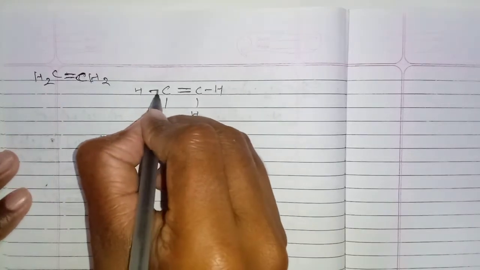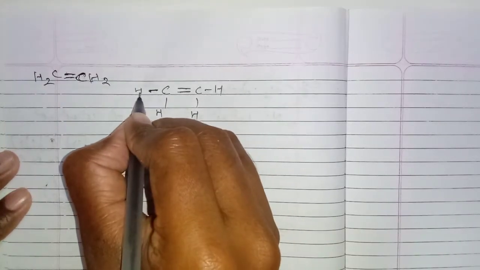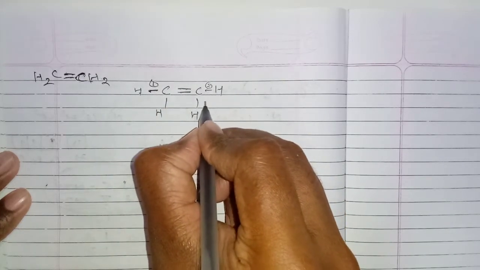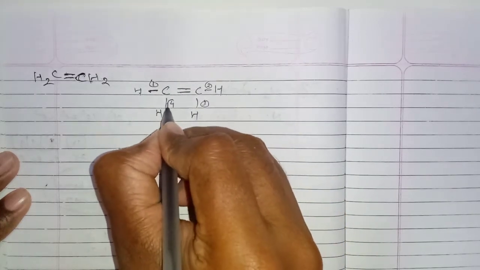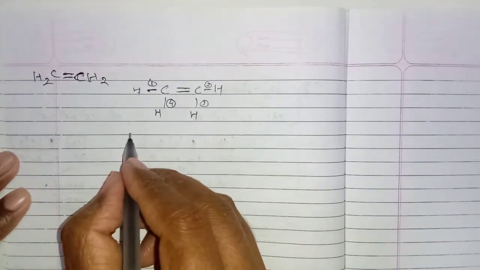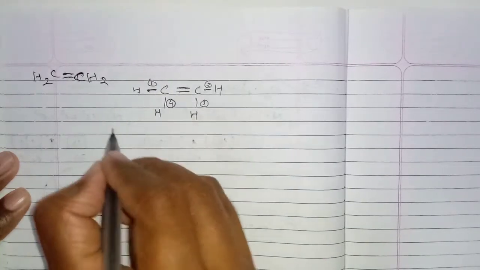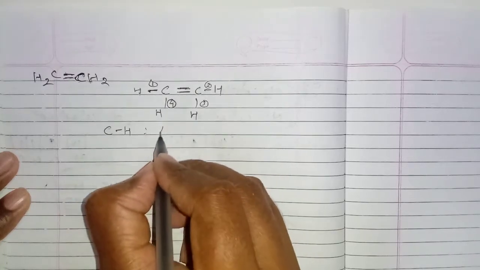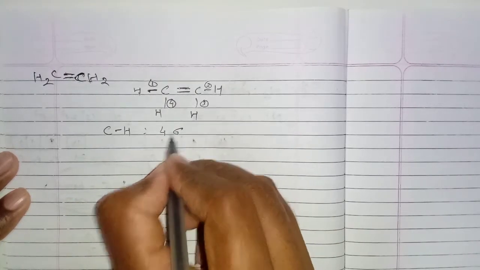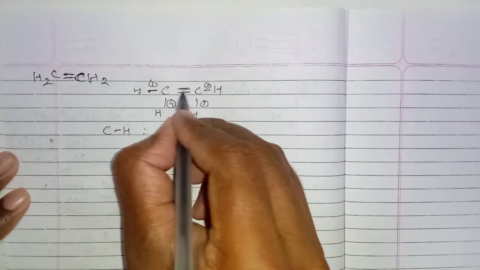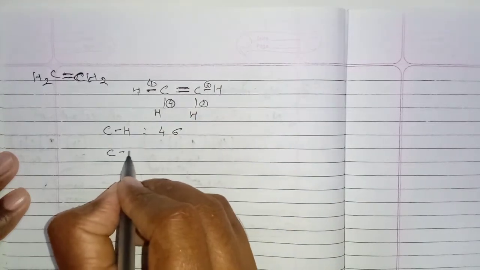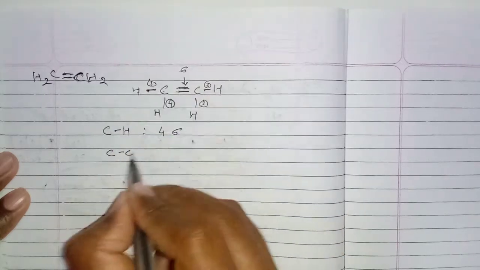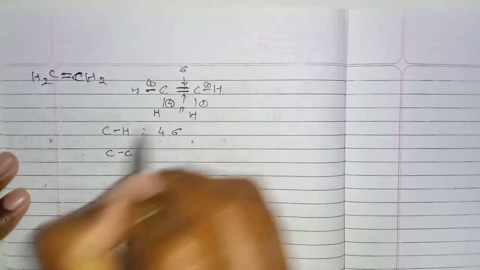So between carbon and hydrogen there are 1, 2, 3 and 4 sigma bonds, and between carbon and carbon 1 sigma bond and the pi bond.